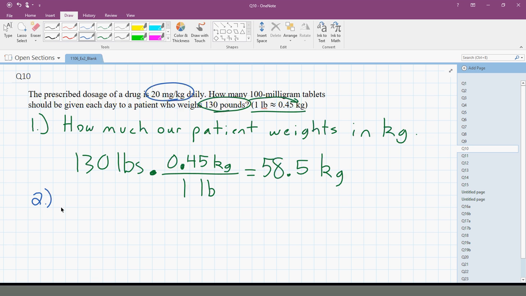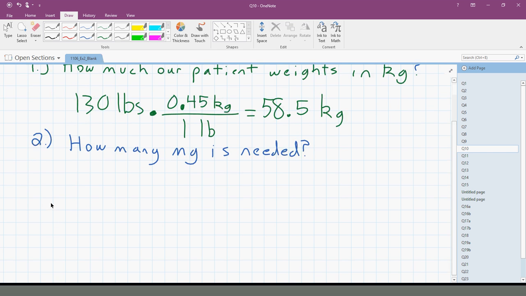So in this step, we need to figure out how many milligrams is needed. Because that's what this tells you right here. Our patient needs 20 milligrams for every kilogram they weigh. So we need to convert this.